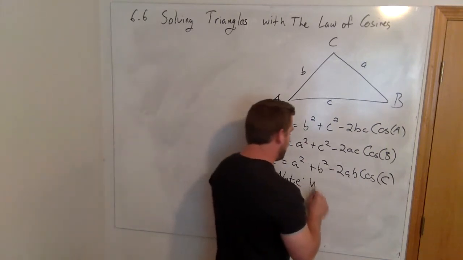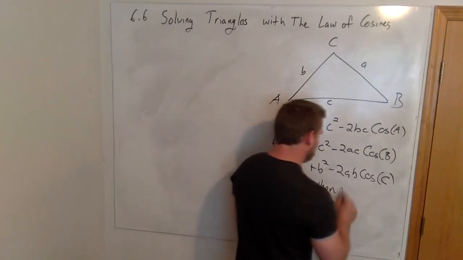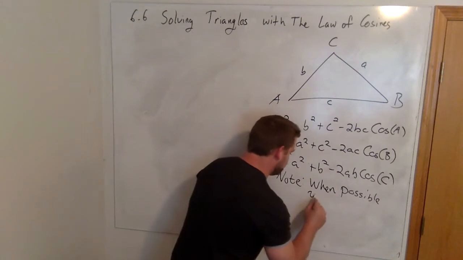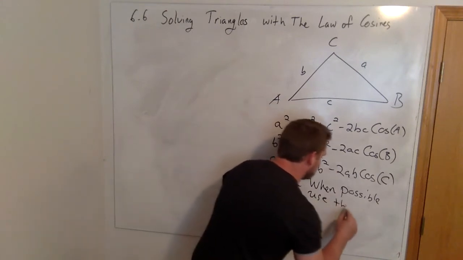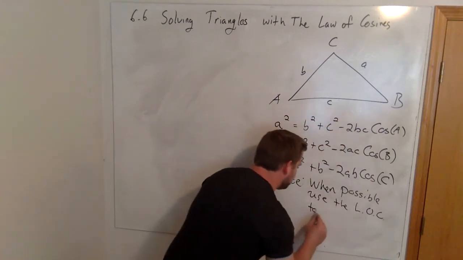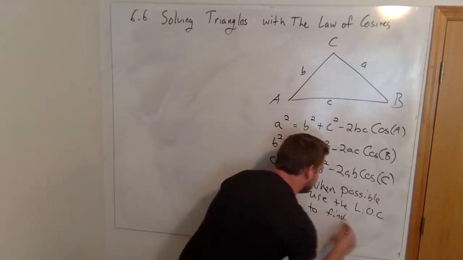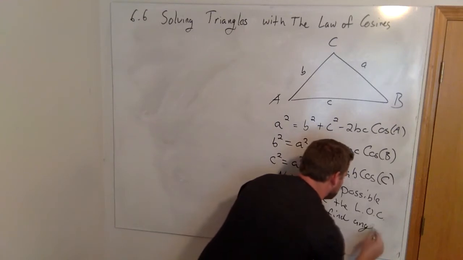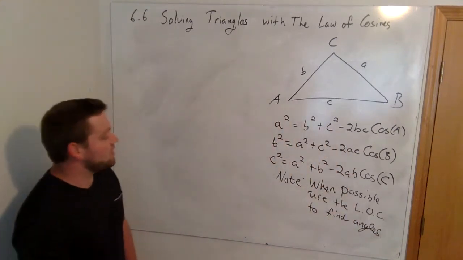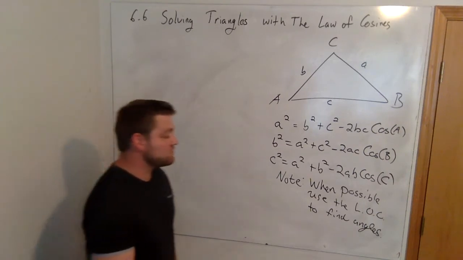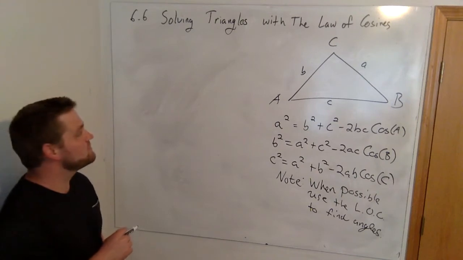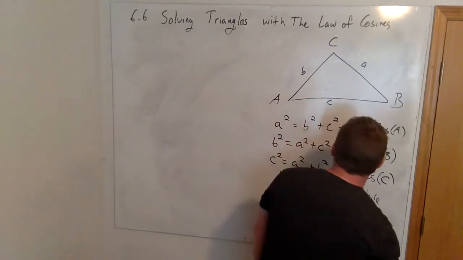So I'm going to write: when possible, use the law of cosines to find angles. Notice it says when possible. Sometimes we have to use the law of sines to find angles, but when possible, we'll want to use the law of cosines. And I hope to illustrate this with a couple of examples. Okay, let's do our first one.